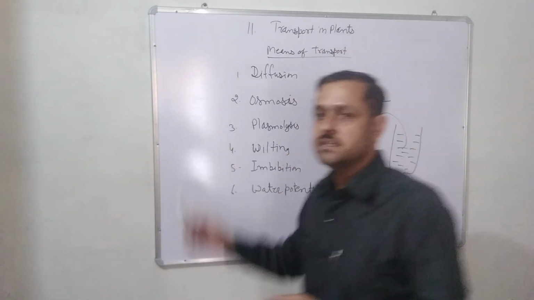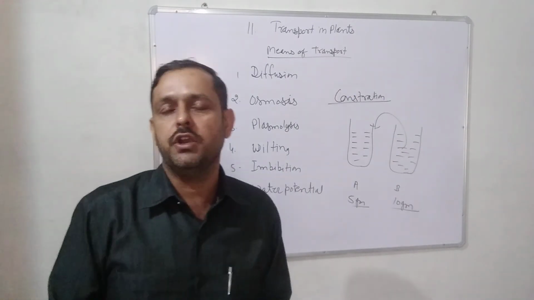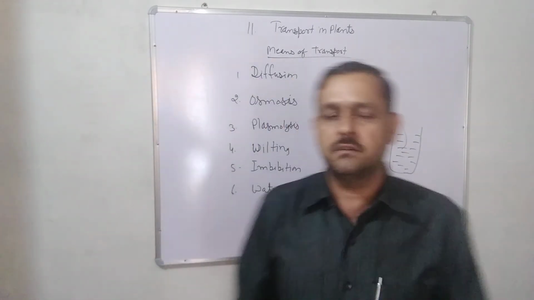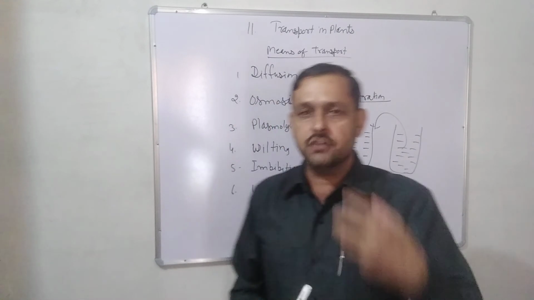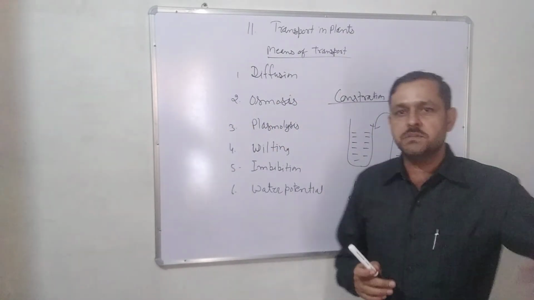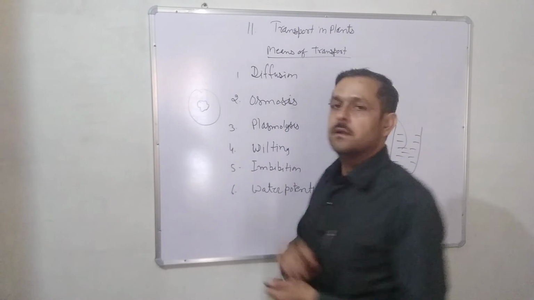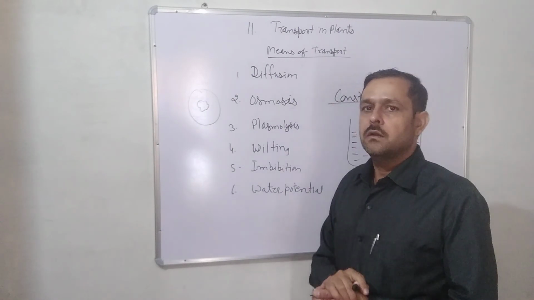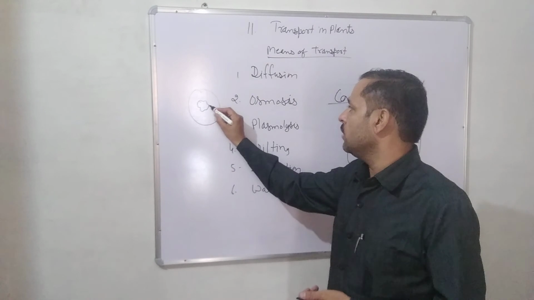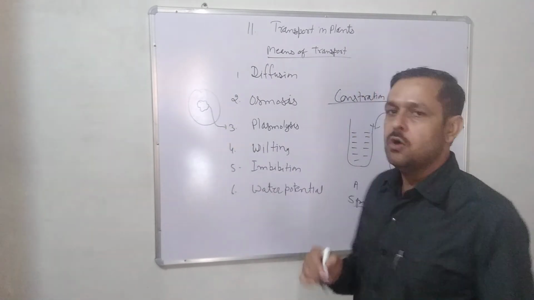Then plasmolysis. Whenever a cell is put in a hypertonic solution, then by exosmosis the whole amount of water comes out, and the plasma membrane or cell membrane is constricted, then it is called plasmolysis.